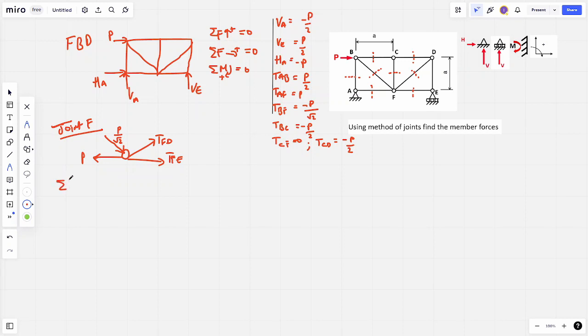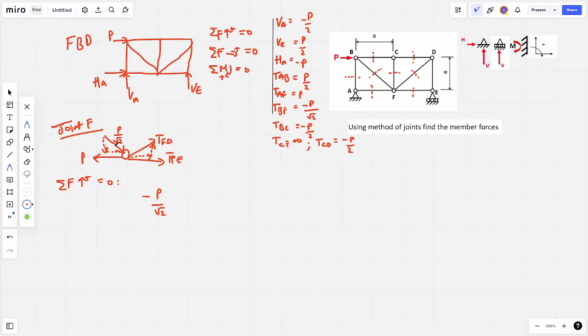We'd say the summation of forces going up as positive is equal to 0. Therefore, we're going to have 2, which is the resultant vertical vectors from these diagonal forces. So we've got down and to the right, as this is a downward force, and we've got to the right and up. As we know, we've worked out previously, the angle is 45, so that's going to be sine and cos 45 to use in resolving these forces. So in this case, let's look at BF. So we've got negative P over root 2.